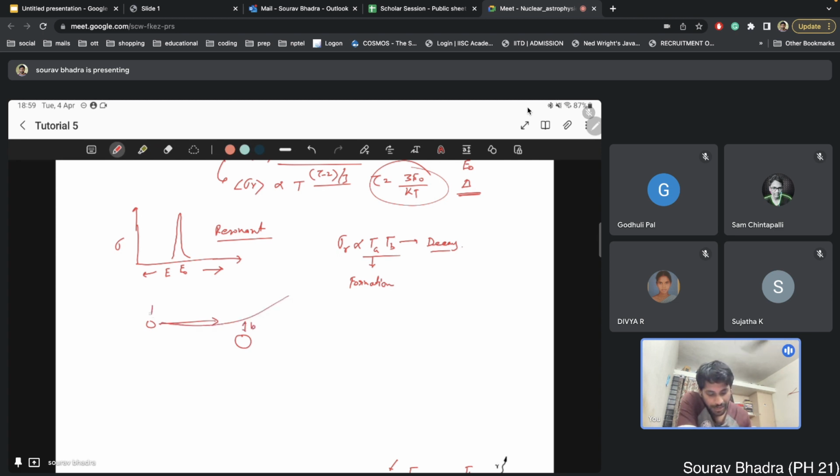This particle A, while going towards B, will look at B like this. It depends on the angular momentum L how the interaction will happen.